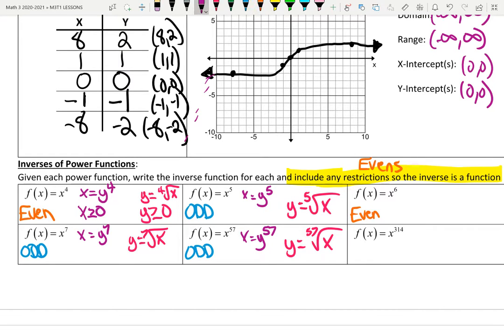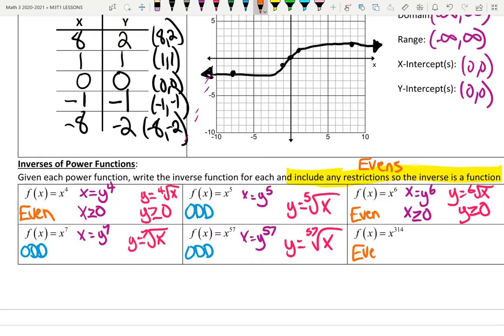So my first step is the same. I flip my x's and my y's. And here, I have to just remember my original has to be x is greater than or equal to 0. So when I solve my inverse, it's going to be y is greater than or equal to 0.